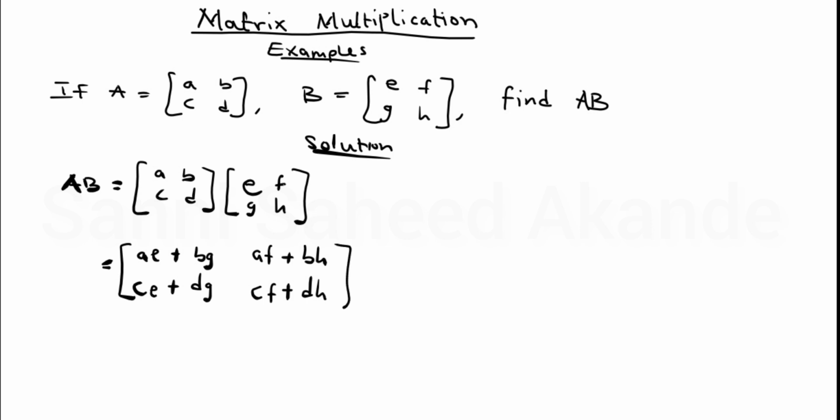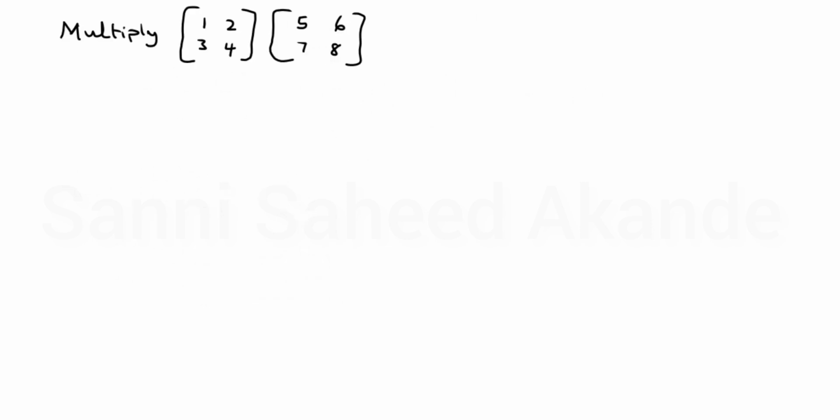Let me go ahead and give you one more example, so that you understand it better. This question says multiply these two matrices together. Solution. Let me rewrite it as this.